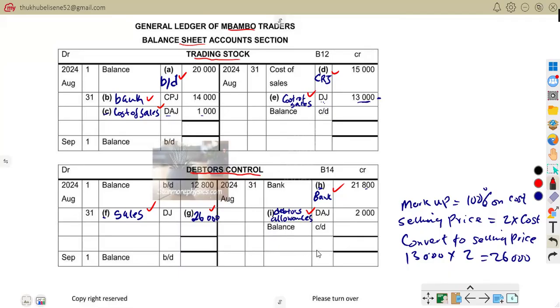Now you are to make sure that you balance them. You don't just leave them. You add this and you add this and then give the balances. As you can see, this is our debtors control. This is the F that you got, this is the 26,000 that we calculated, as well as H, where the answer is cash receipt journal, and here we said debtors allowance.